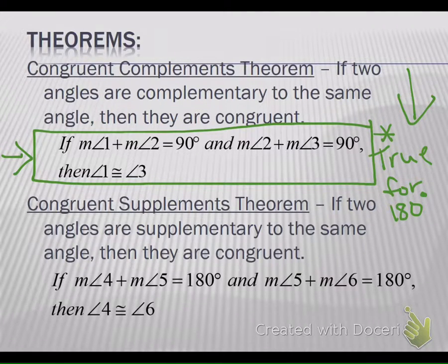All right, so here are two theorems. Remember, a theorem is just a true statement. The first one's about complementary angles, so they add to 90. The second one's about supplementary angles, so they add to 180. Other than that, they're saying the same thing.